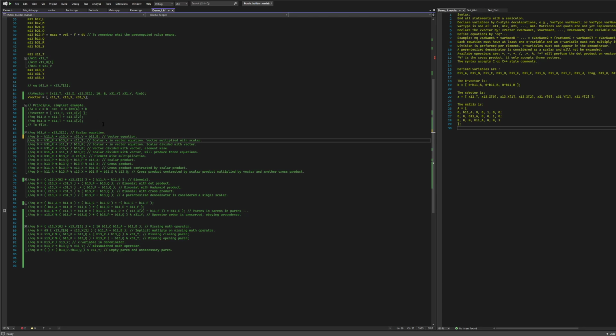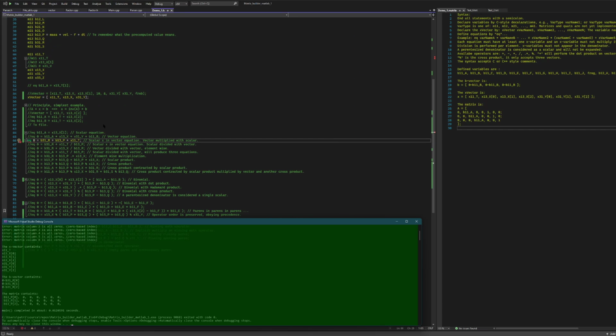Now I have sweet equations to read. What's the next equation I want to show? Scalar in vector equation. Vector multiplication with scalar. Just what I said in the previous equation, I can mix scalars and vectors and it knows what to do.